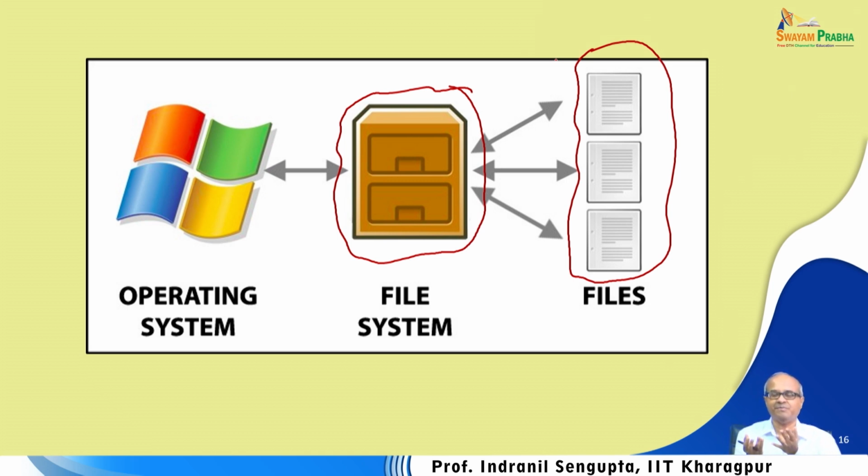Because as you know, typically every file we create, we give a unique name. Well, of course, we can give the same names to two different files also, provided they are stored in separate folders. So, the files are created with some names.